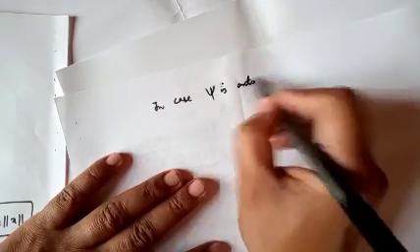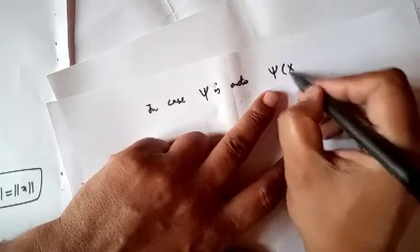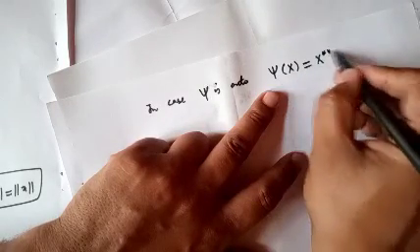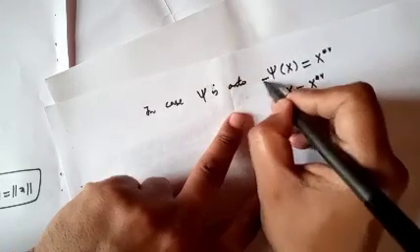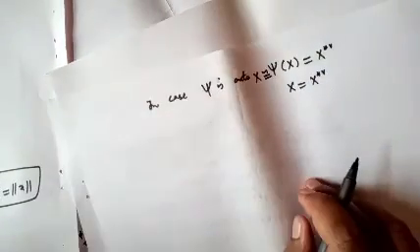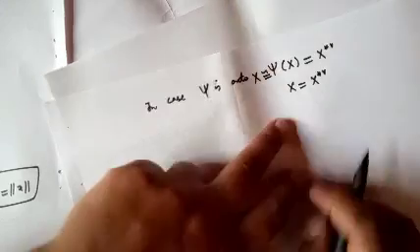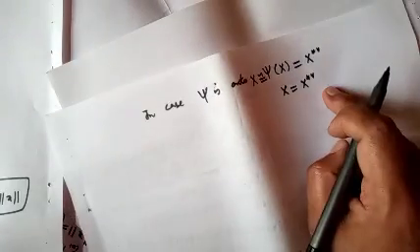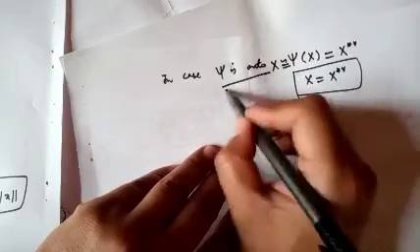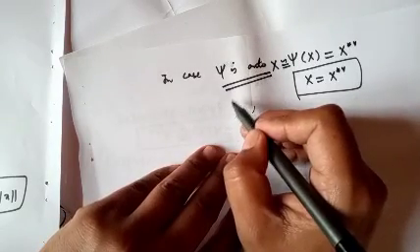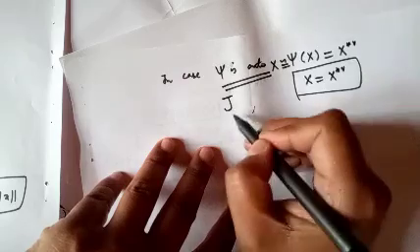In case psi is onto, that means psi of x is the same as x double star, then x can be identified with x double star, because psi of x is identified with x. If this happens, that is if psi is onto, this canonical map is onto, some authors use the letter j for it.